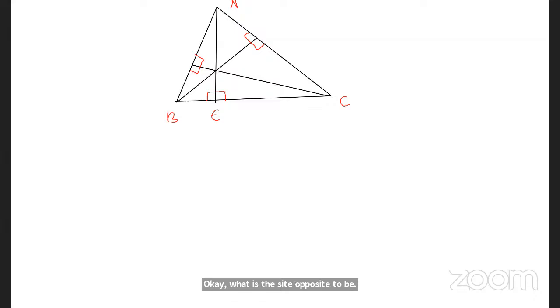Yes. So from the vertex, we'll start the altitude. It will go to AC, and on AC, it will make 90-degree angles. Okay. Now let's see the properties of the altitudes.